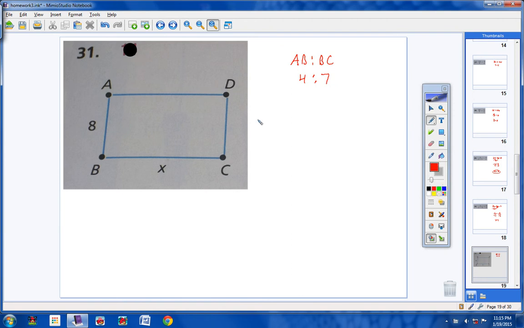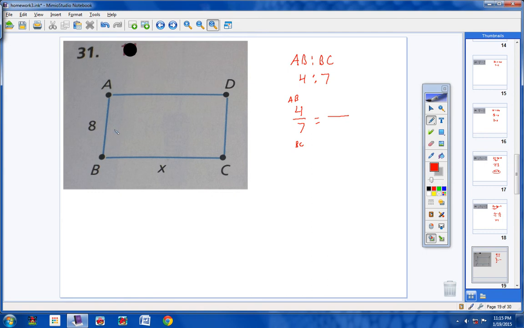So here we go. They want us to solve for x. Alright, so think this through very carefully, students, okay? Watch this, please. 4 over 7. Now 4 is what? AB. 7 is what? BC equals. Now, you've got to be consistent. What do you have up top right here? AB.